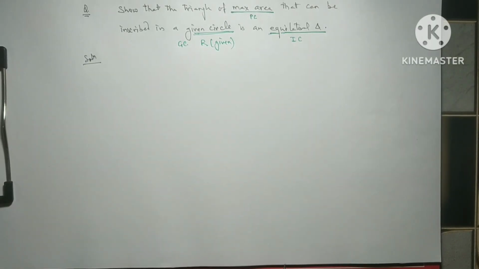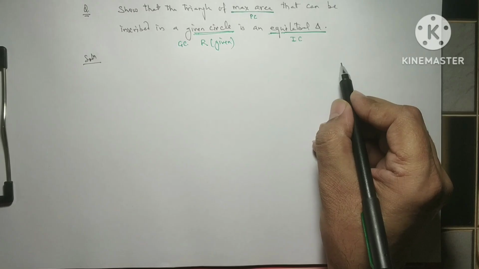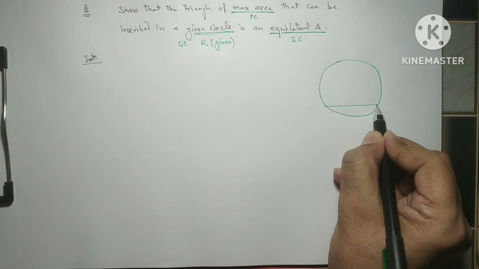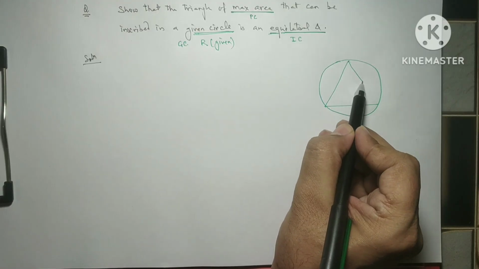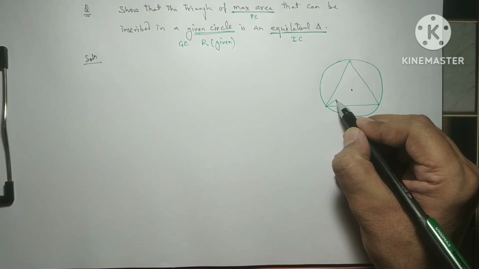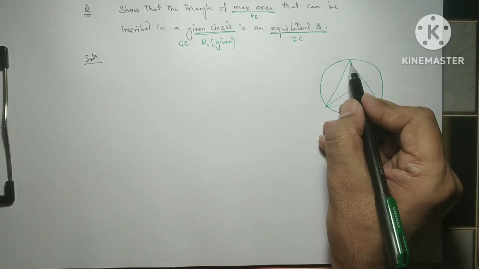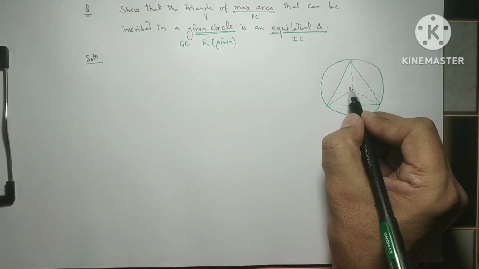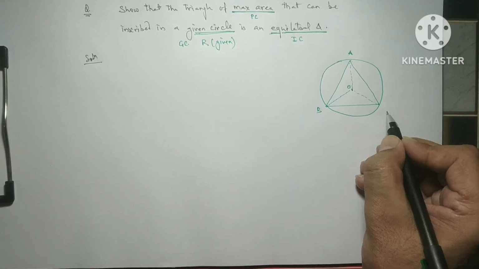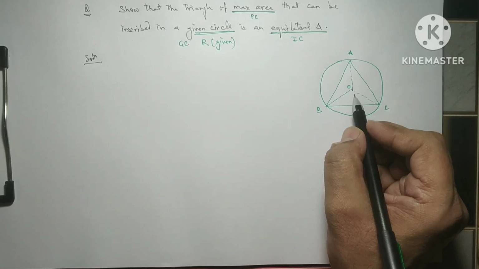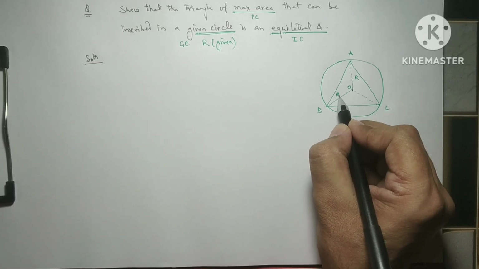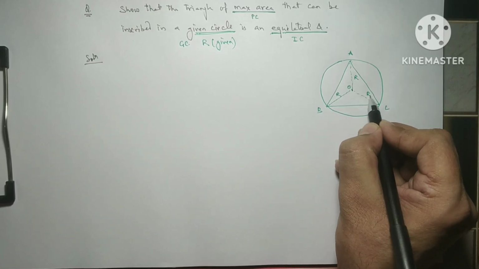So right now we form a triangle in a circle. This is the center O, this is A, B, C, and these are radii, OA, OB and OC.